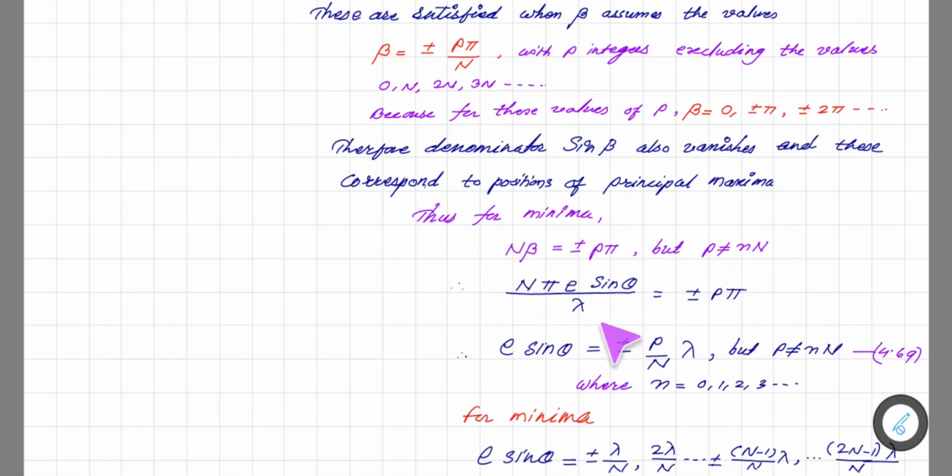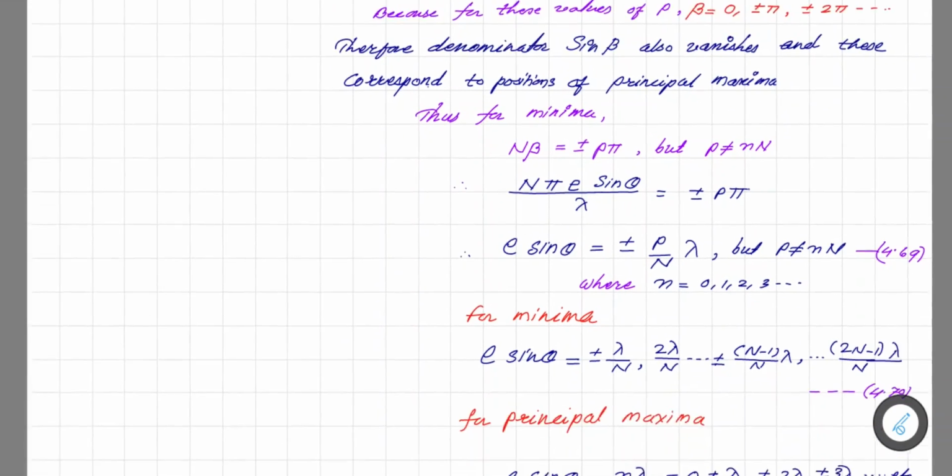Now if n beta is equal to plus minus p pi, we get e sine theta is equal to plus minus p upon capital N into lambda. But the important thing is that p is not equal to n times N, where n is equal to 0, 1, 2, 3.